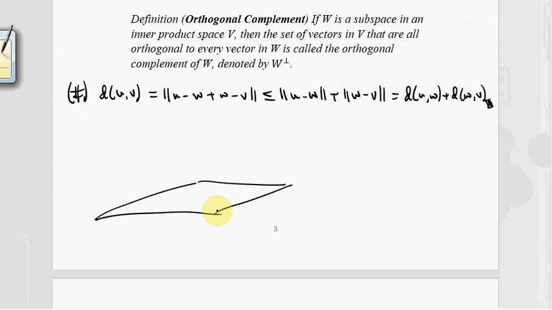So if we have some subspace W, then we can also talk about, if it does exist, and typically it will, the space of all vectors that are said to be perpendicular to these vectors.